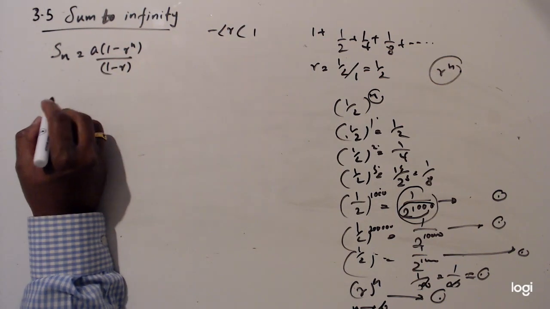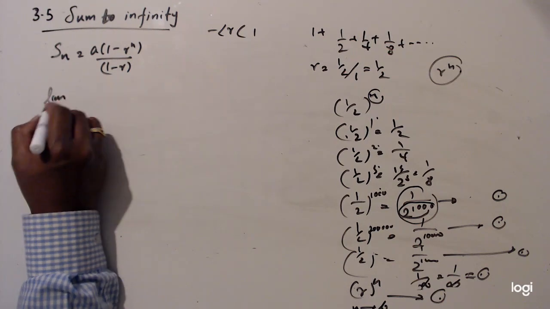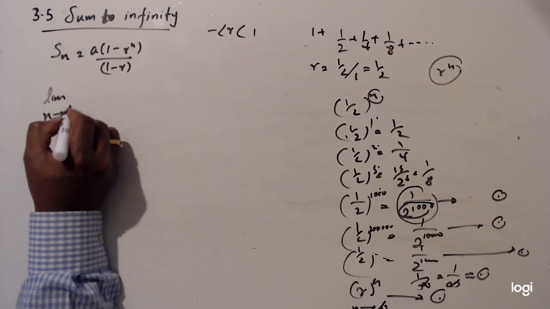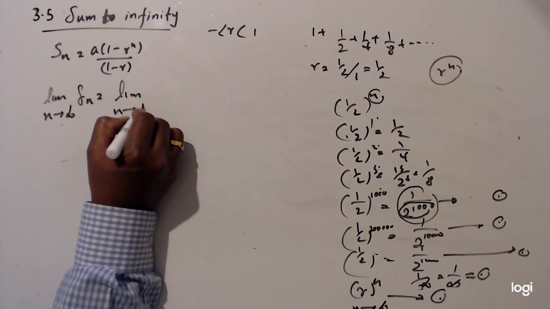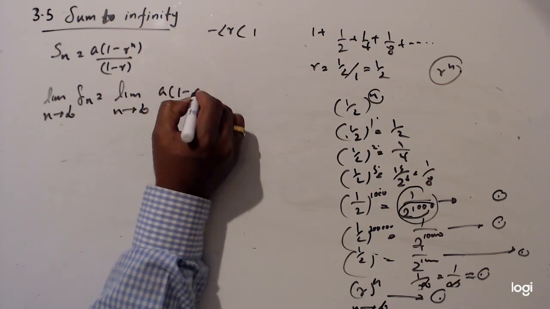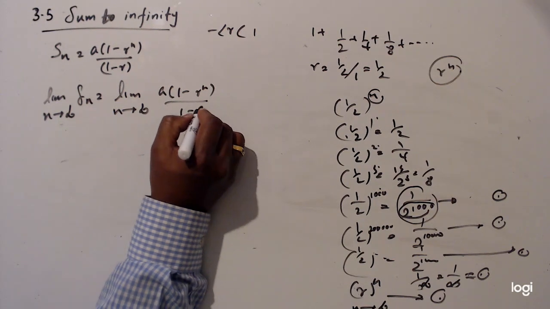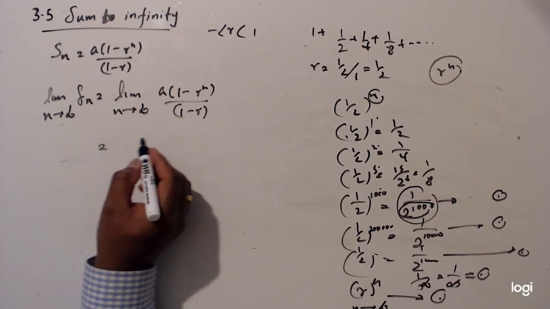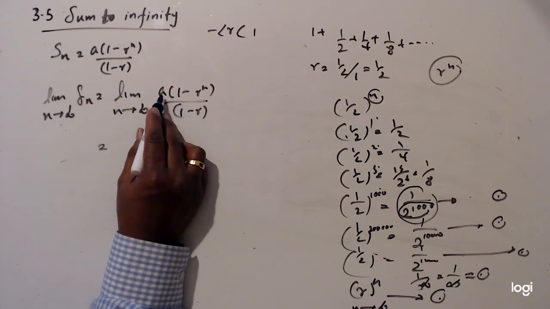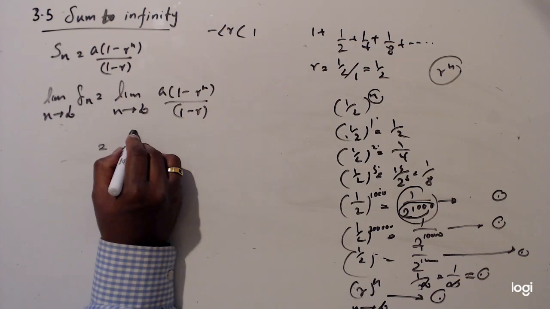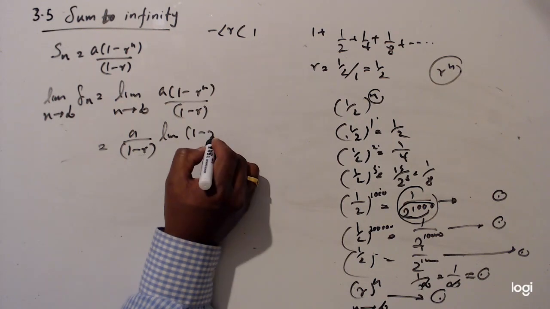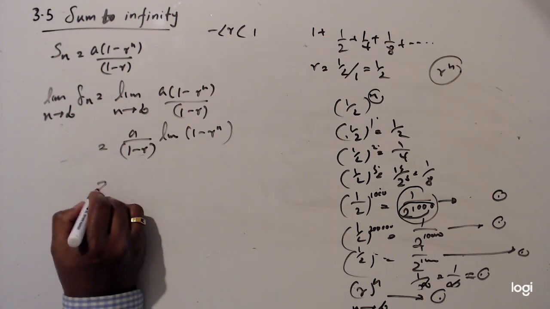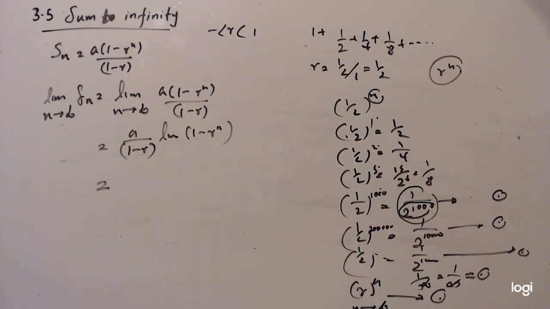I will show you the limit as n goes to infinity: on the left side Sn, and applying it to both sides, a times 1 minus r to the n over 1 minus r. Then I can see that this part is independent of n, so I will take it out, leaving the limit of 1 minus r to the n.